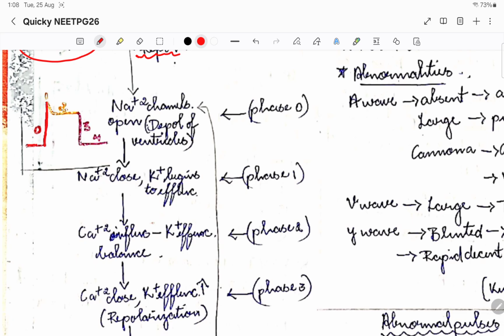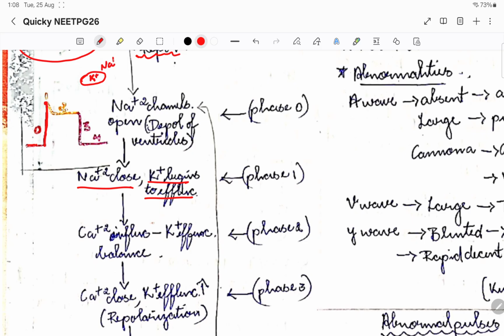After the sodium channel starts opening, there reaches a phase where the sodium channel suddenly stops and the potassium channel starts to efflux, because inside every cell in the human body potassium will be inside and sodium will be outside.